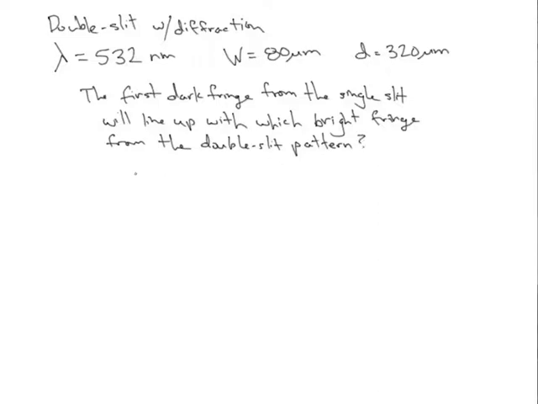So we want to know which one it lines up with. So we have our equation for the diffraction due to the single slit, and the first dark fringe, and we want to look at the bright fringe from the double slit pattern.